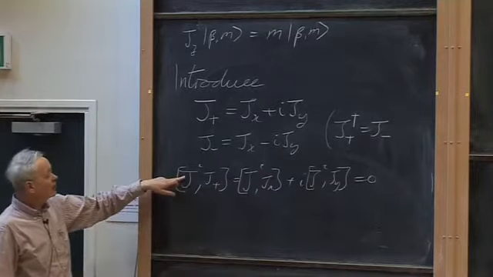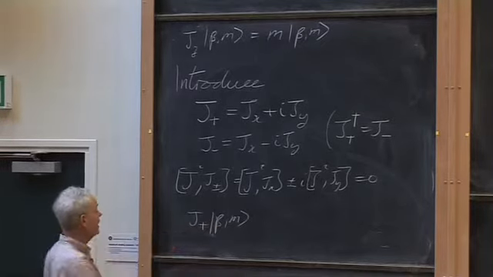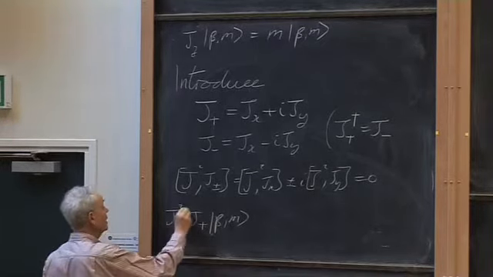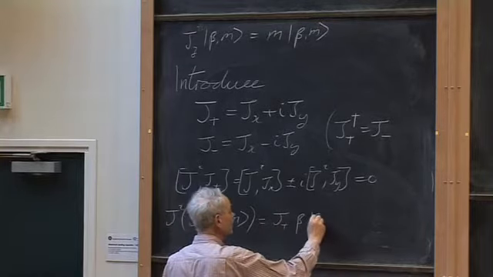That tells us that if you take J plus of beta m, you use this non-trivial operator on this state, you get some other state. What can we say about this other state? Well, one thing we can say is that J squared applied to it, because you can swap these two over, is the same as J plus J squared beta m.